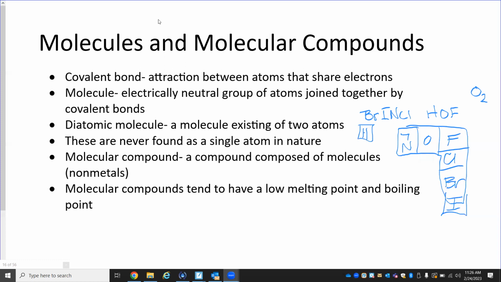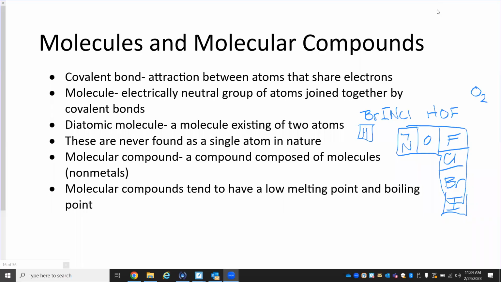A molecular compound is a compound composed of molecules, so it's composed of only nonmetals. So remember, ionic was a metal and a nonmetal. Molecular compounds are only nonmetals. And molecular compounds tend to have low melting points and boiling points, whereas ionic and metallics have high.